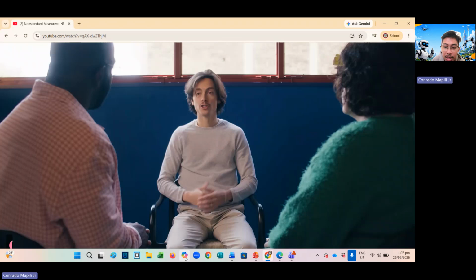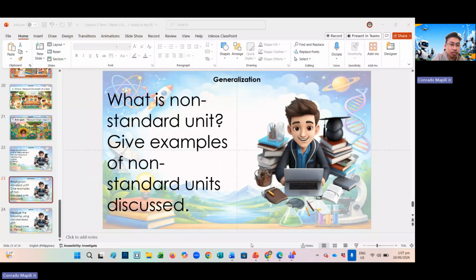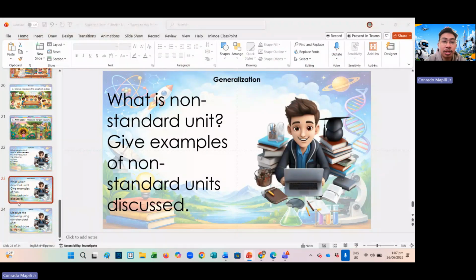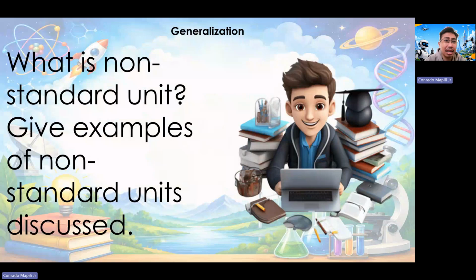Okay, so that is the generalization or the wrap up of our lesson for this afternoon. So again, standard unit when you are measuring, it should be the same size with the material. Dapat magkapareha sila ng laki ng gagamitin mong, for example, it's a paper clip. Okay, meron tayong malaking paperclip at maliit na paperclip.